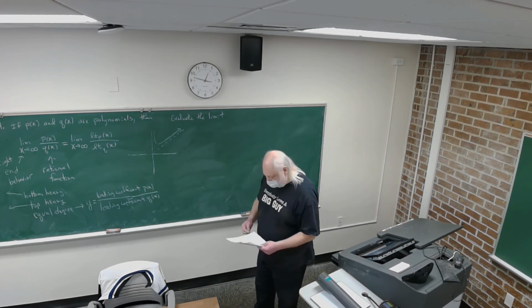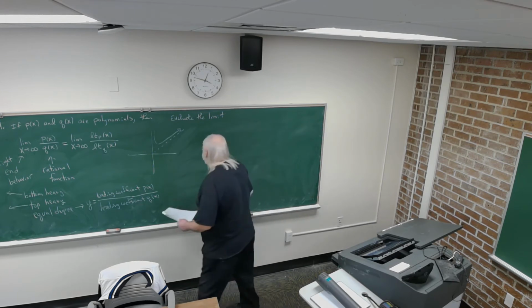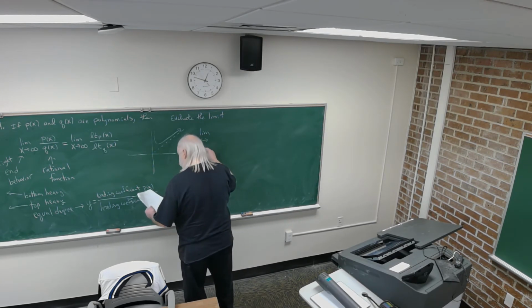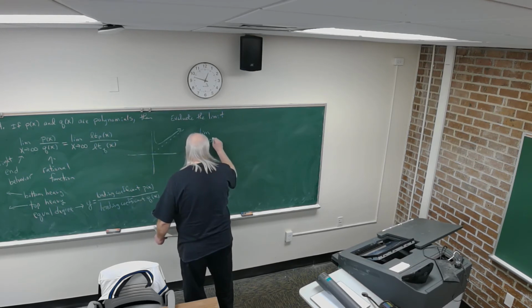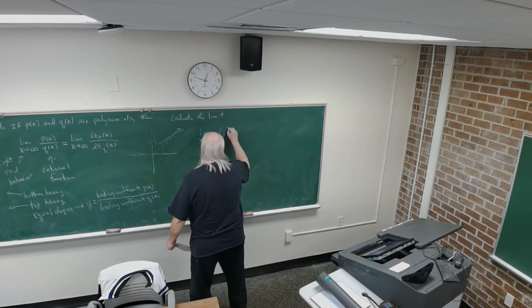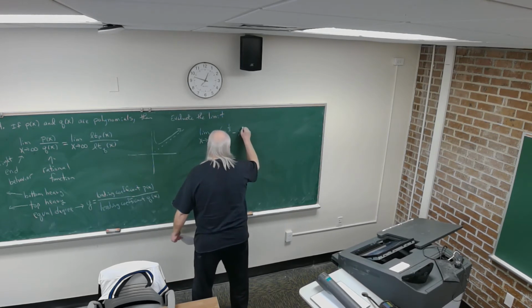All right, so let's evaluate some limits, okay? So we have the limit as x increases without bound of x to the 1/3 minus x to the minus 4th power.